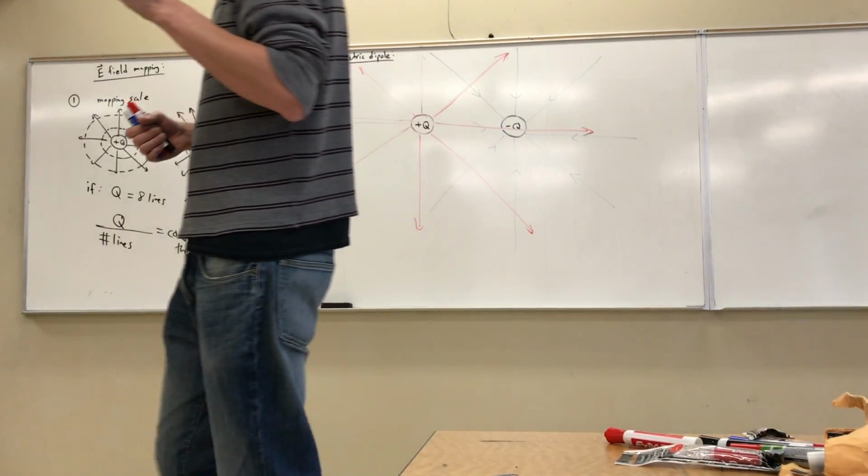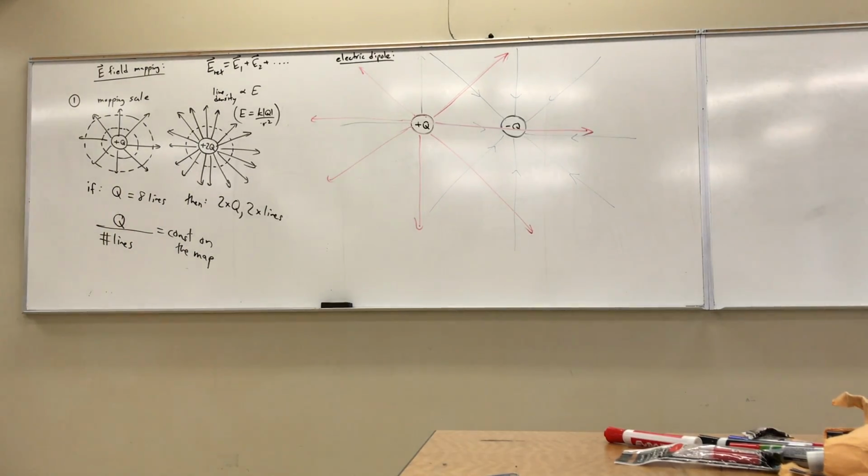So that's the scale of the map. It's not a full-size map, right? Otherwise it'd be as big as the whole thing you're driving. So a map has a scale, 1 mile is 1 inch.